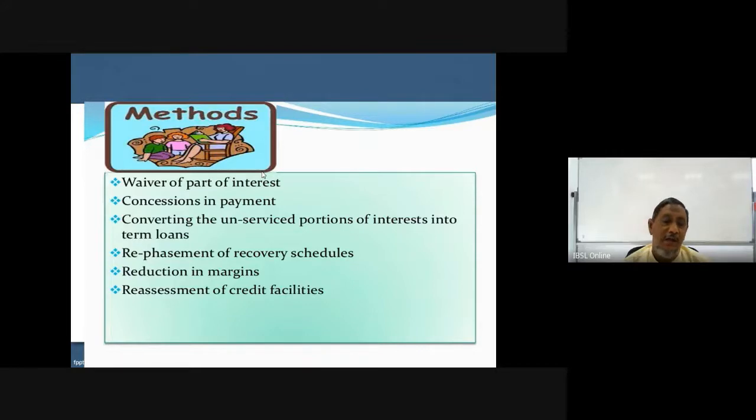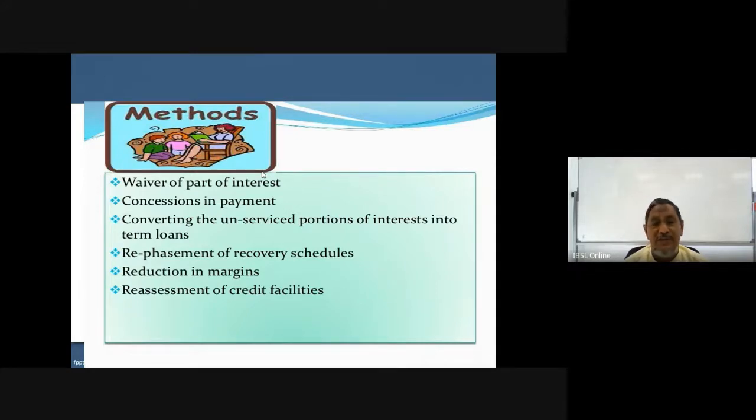Then the customer will arrange to repay the loan, which is called an interest-free loan or term loan. The term loan has to be paid in equal installments within 6 months or 1 year's time. During that period, we may not be able to recover the customer's existing facility. Only interest can be serviced for the existing facility, and the interest can be recovered within a shorter period. That's the second option available to make recovery.